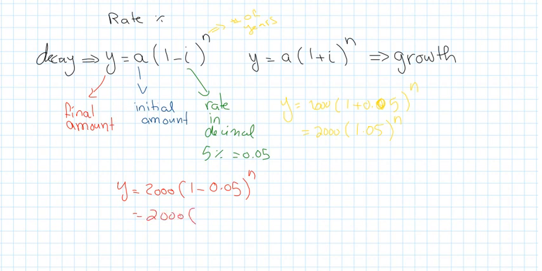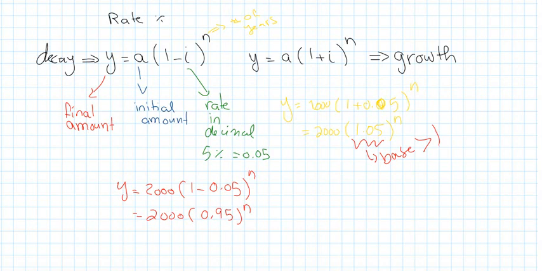So you see here, the difference is that for anything that's a growth, your base is going to be greater than 1 because you're going to add to the 1. It's going to be 1 plus a number, so it's always going to be greater than 1. Does that make sense to you?